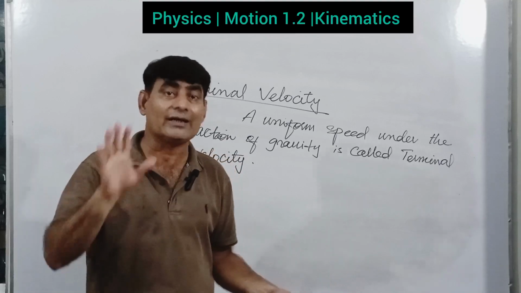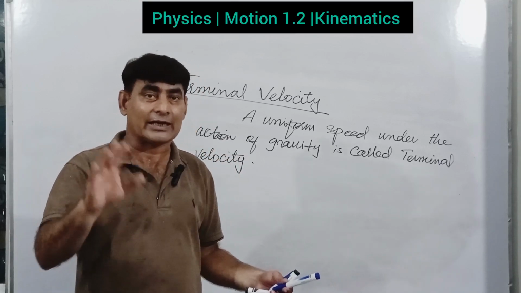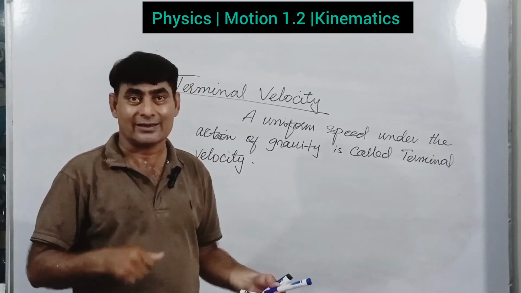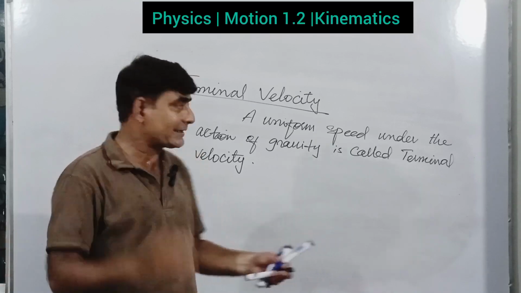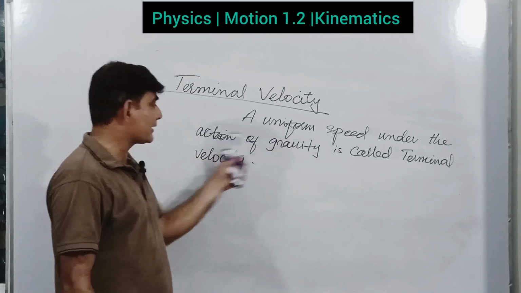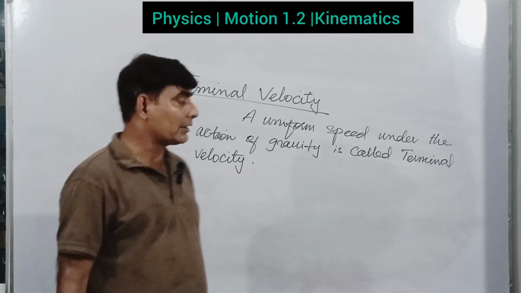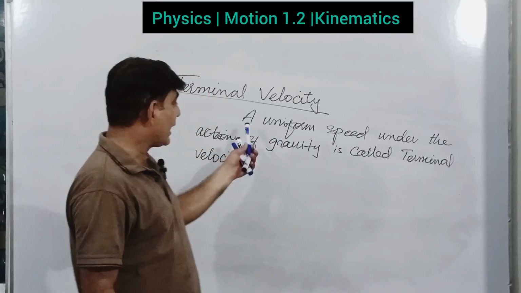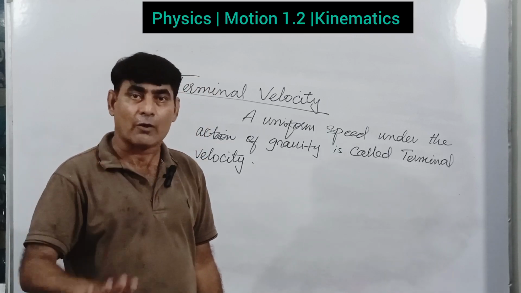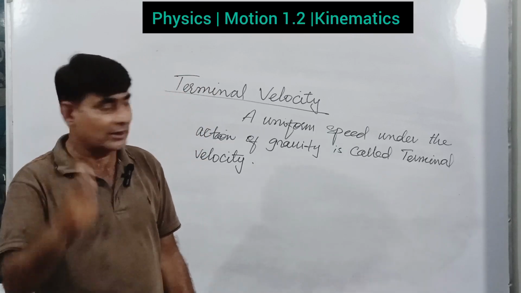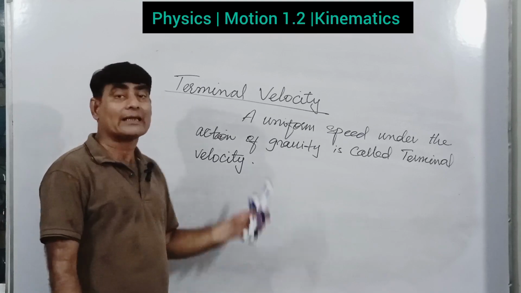We will discuss this in a graph. There are two stages of terminal velocity: before opening the parachute and after opening the parachute. But listen, a uniform speed under the action of gravity, or uniform speed during free fall motion, is called terminal velocity.